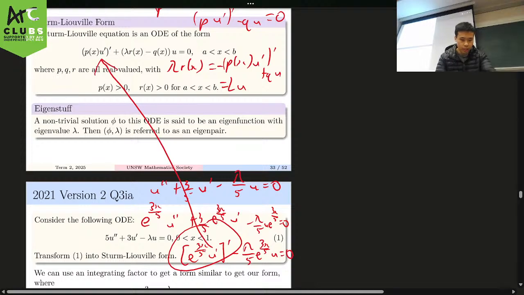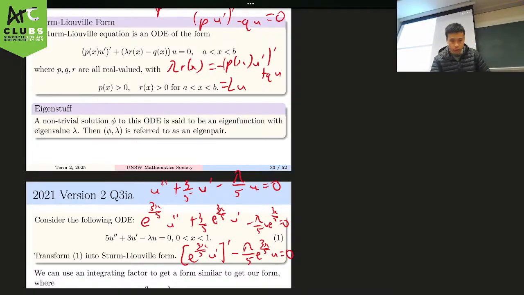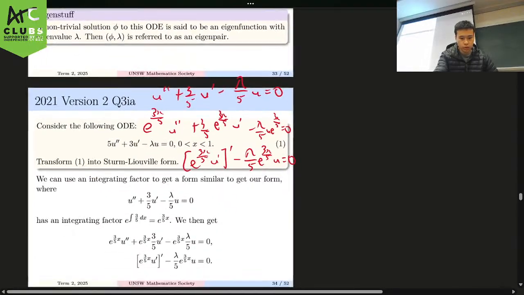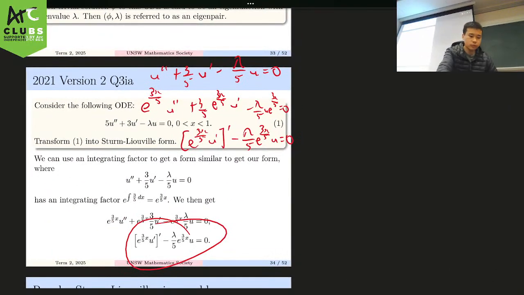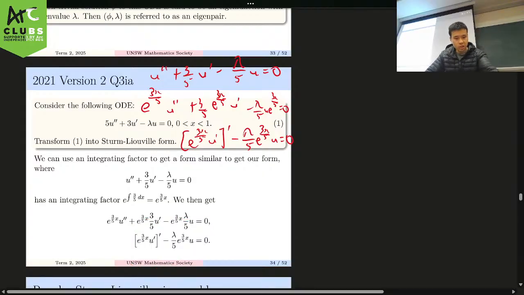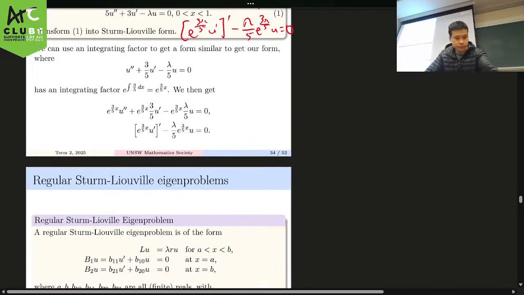Our p of x is clearly e to the 3x on 5. That's a u dash obviously there. We have a lambda here, so lambda is arbitrary. And then this is going to be our r of x essentially. So yeah, that's going to be our Sturm-Liouville form.